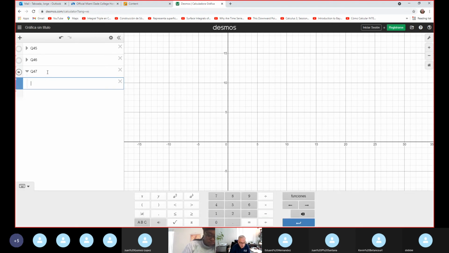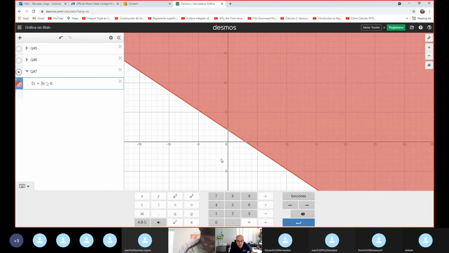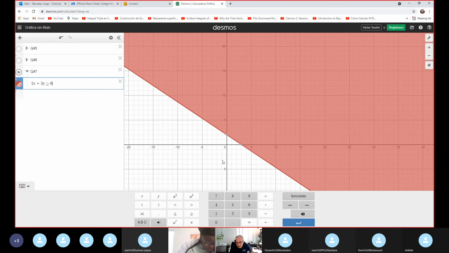Press enter. Now, 47 is nice because 47 contains 3 inequalities. You type them, don't worry. 2x plus 3y greater than or equal to 6. Desmos selects the red color by default. Okay, no problem.